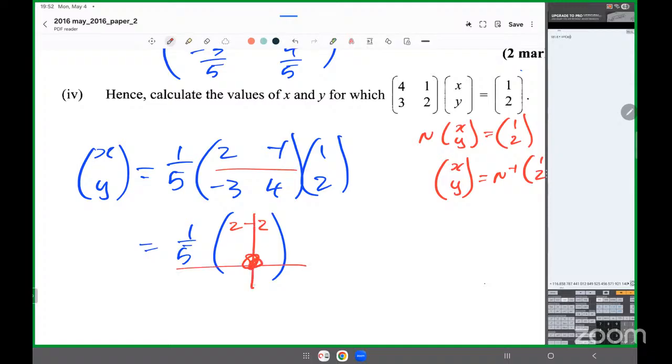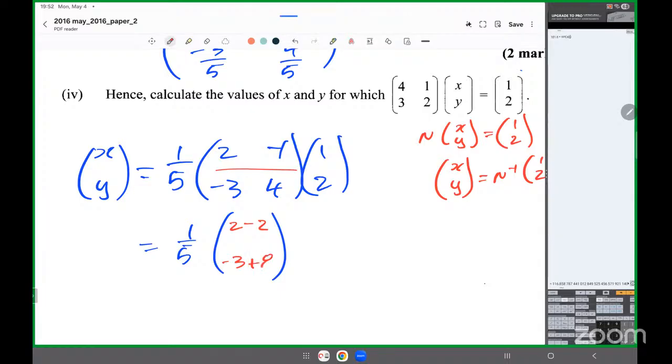The second value is in the second row, 1 column. First element times first element, second element times second element. Minus 3 times 1 and 4 times 2. Minus 3 times 1 is negative 3. 4 times 2 is 8.